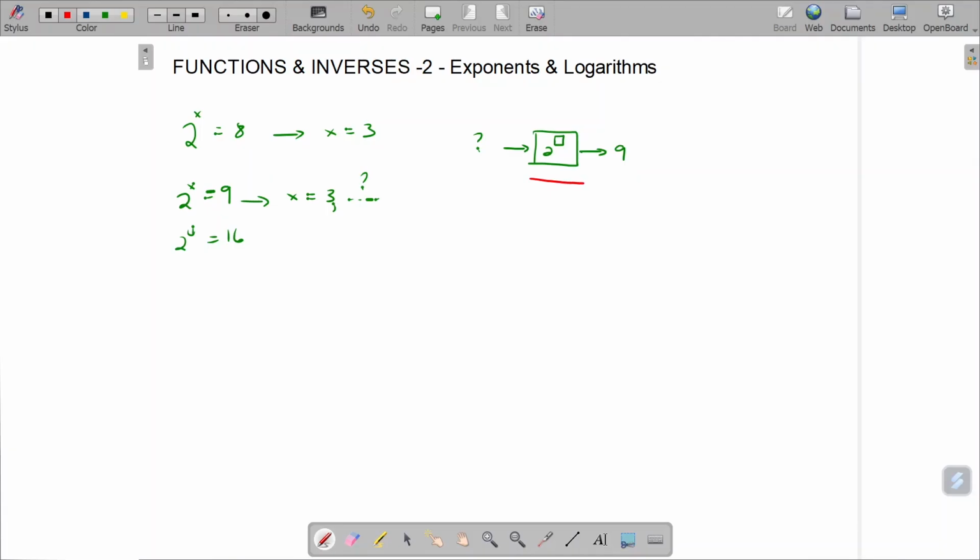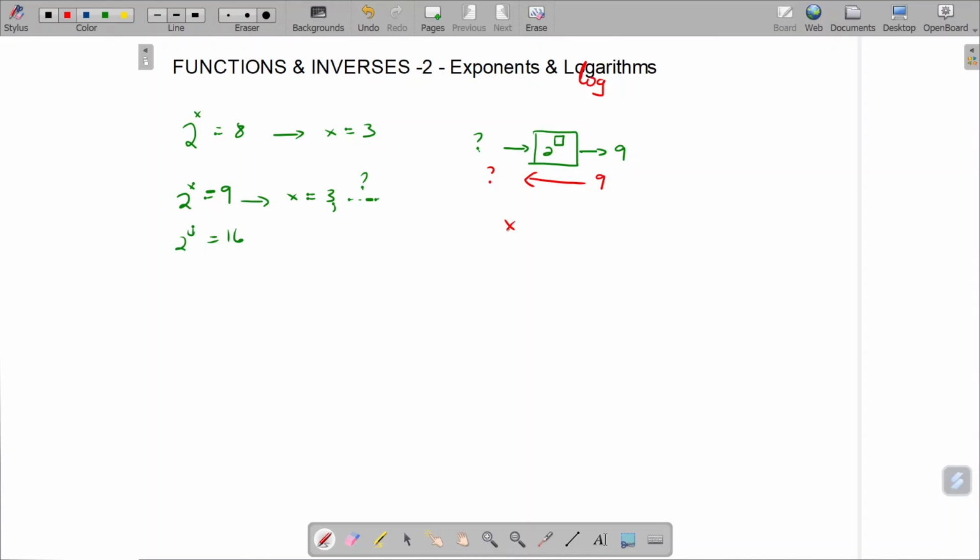And this is where a log comes in. The shortened form of the word logarithm is simply to say a log. So we are saying that from 9 I must be able to get back to this number. So what we now say is x equals log base 2 of 9.